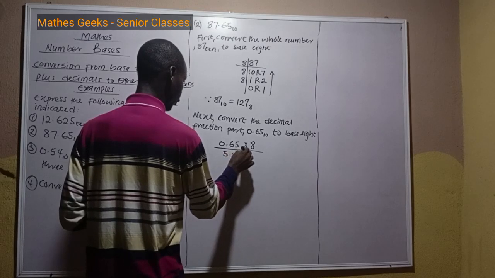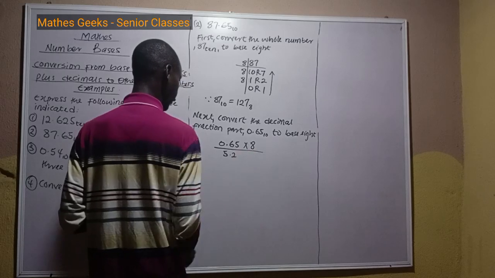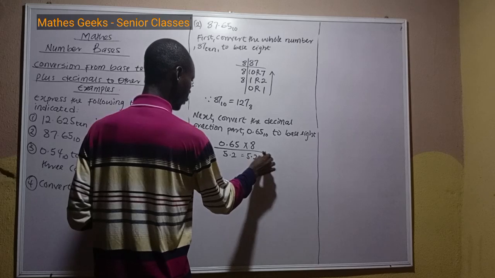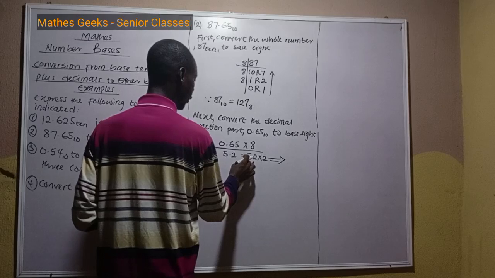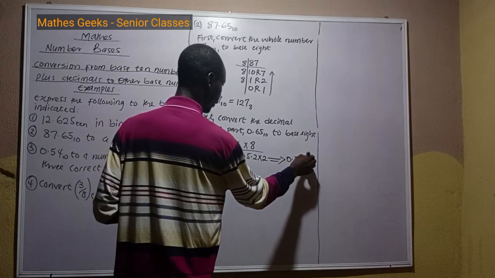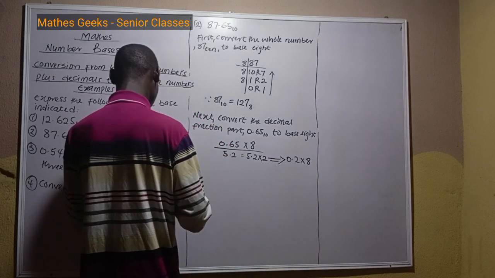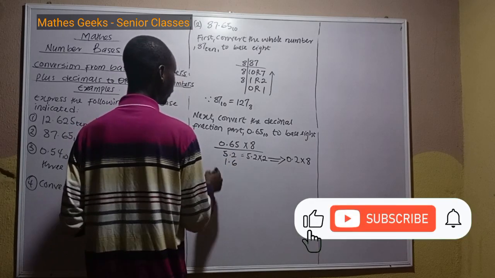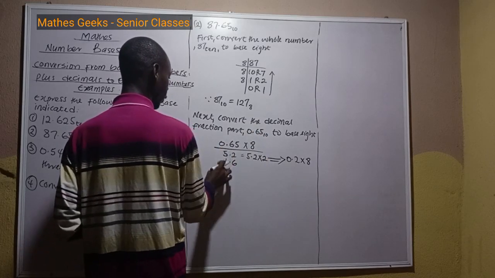That is 5.2. So this implies that we split it, since this is a whole number, and this becomes 0.2 times 8, which gives 1.6. What we have here is two decimal places, so we stop here because we have gotten our two decimal places.